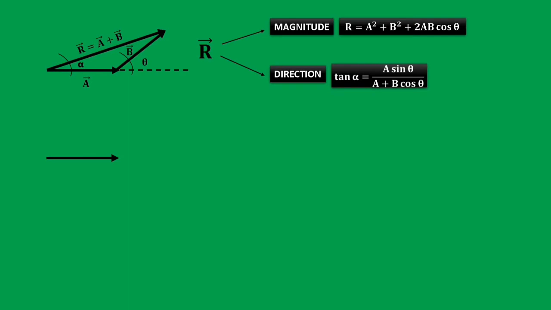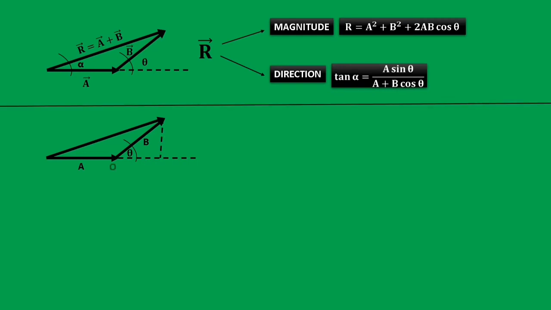To calculate the magnitude and direction of the resultant vector, consider the above figure like this and draw a perpendicular line like this. This represents a triangle and name it as O, M and N. Let X be the height of this triangle and Y be the length of this triangle.